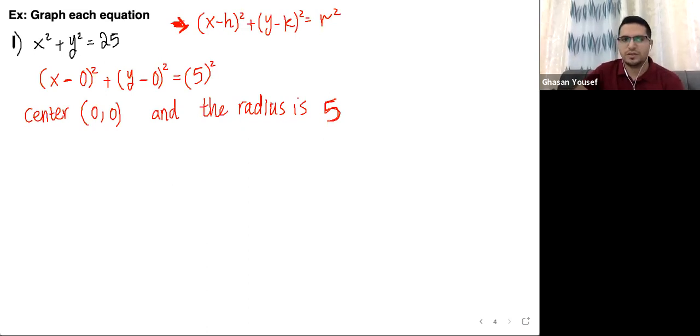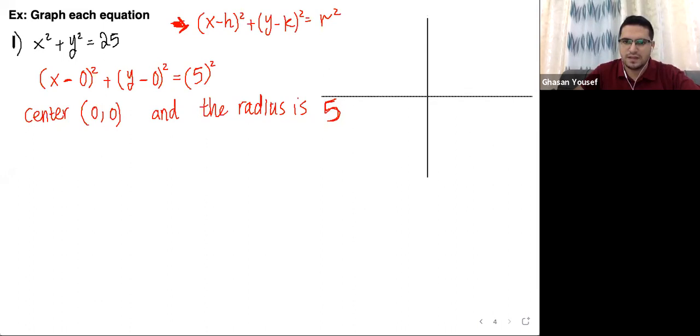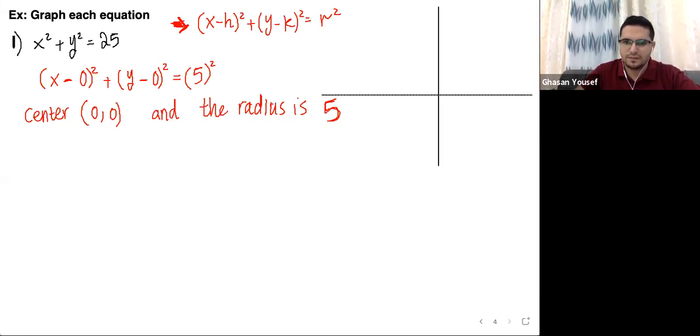So to graph this equation, I have to graph the x and the y coordinates. This is my y axis and this is my x axis. The center is 0, 0 and the radius is 5.